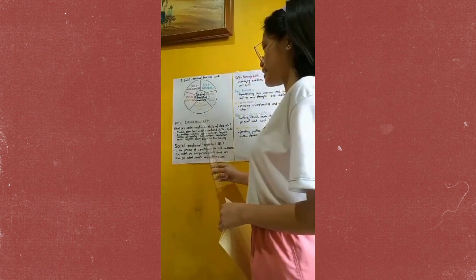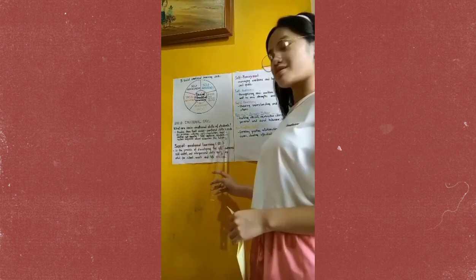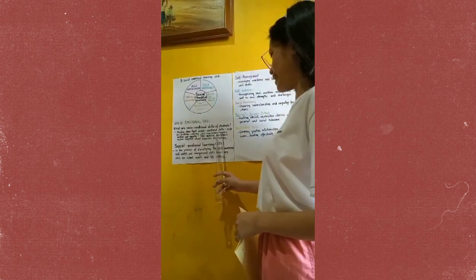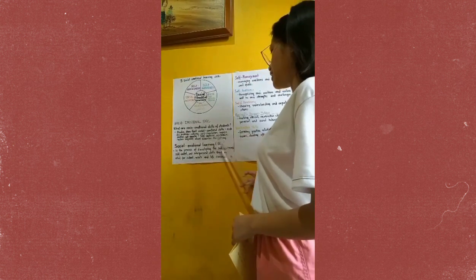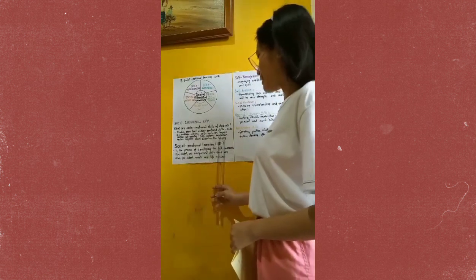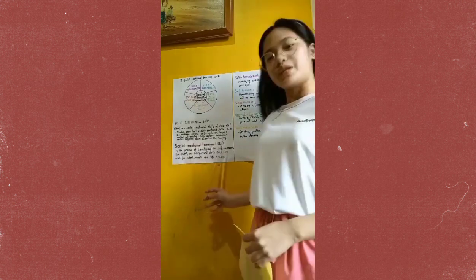The next one is socio-emotional skills. What are socio-emotional skills of students? Studies show that social-emotional skills such as problem solving, self-regulation, impulse control, and empathy help improve academics and reduce negative social behaviors like bullying.